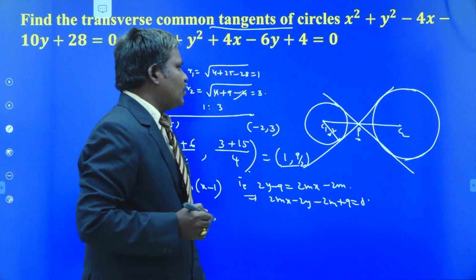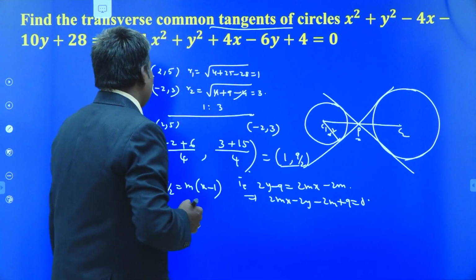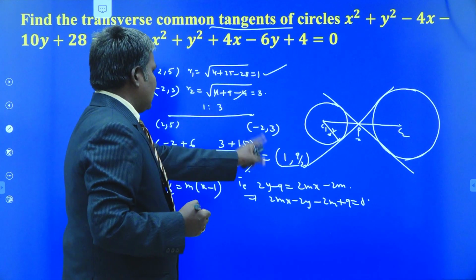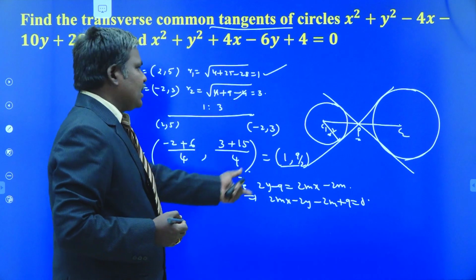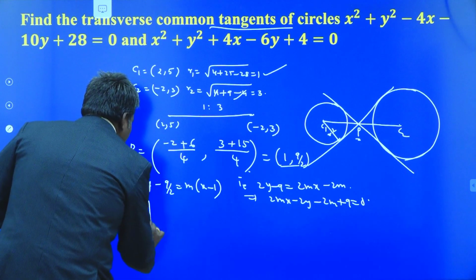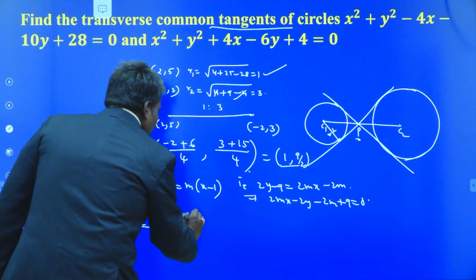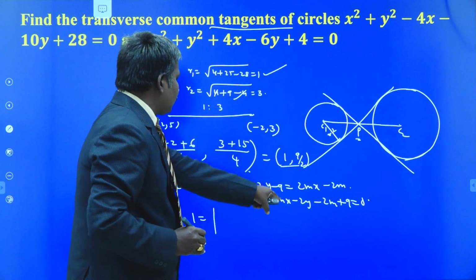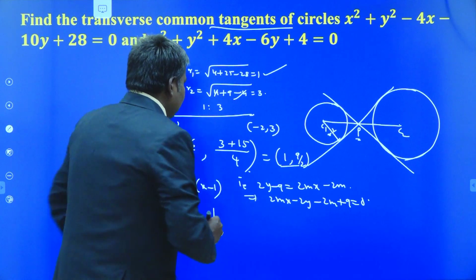Radius of circle is equal to perpendicular distance from center to the line. Take the first circle because its radius is less. That is why we take the first circle for calculation purposes. So what is the radius of circle? You are going to apply r is equal to d. The radius is 1 unit. That is equal to modulus of the distance from (2, 5) to that line. 2 into 2m, that is 4m.